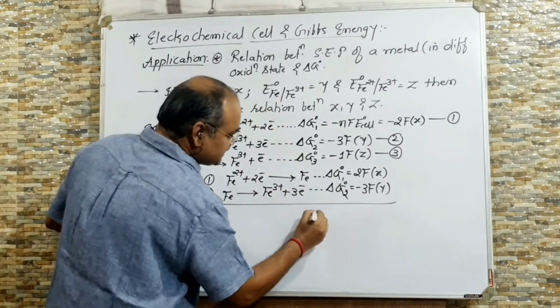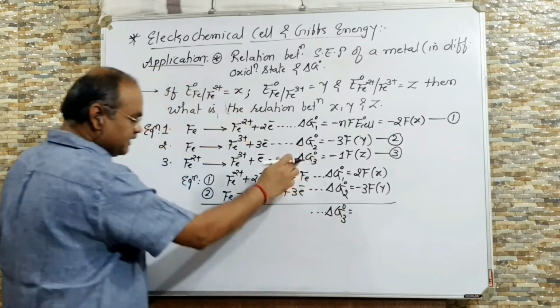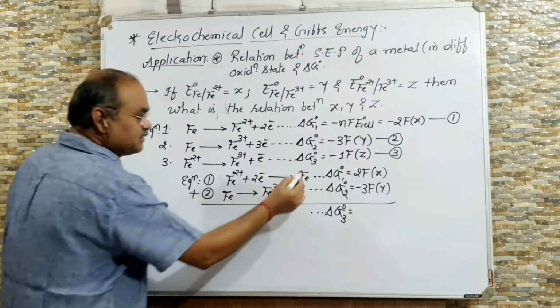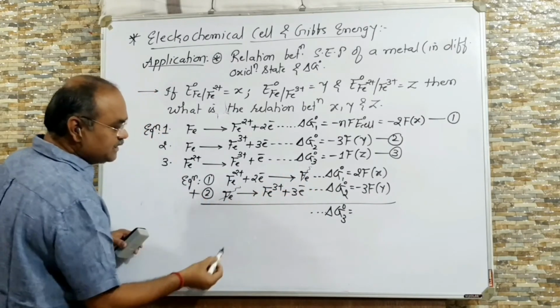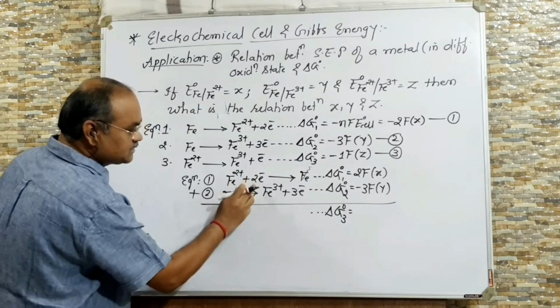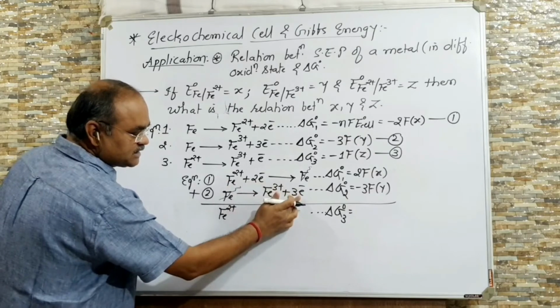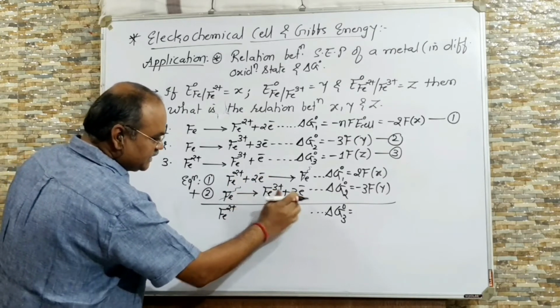So what will be delta G03? Add 1 and 2. If I add 1 and 2, what will happen? Here Fe will be cancelled, right? Then your equation will be Fe2 plus. Now on this side 2 electron, on this side 3 electrons, so 2 electrons will be lost from 3, so 1 electron will be left.